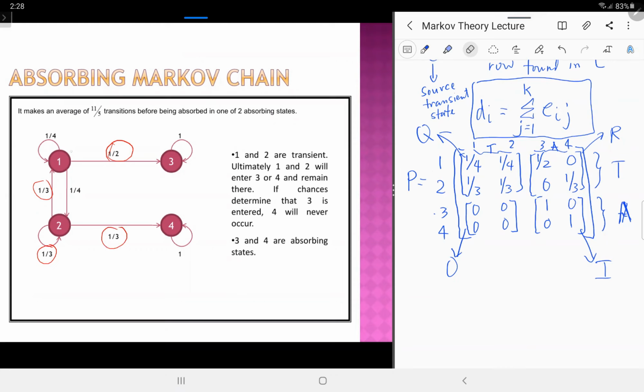We can count the number of transitions between the two transient states, 1 and 2, before it finally gets absorbed into either 4 or 3.